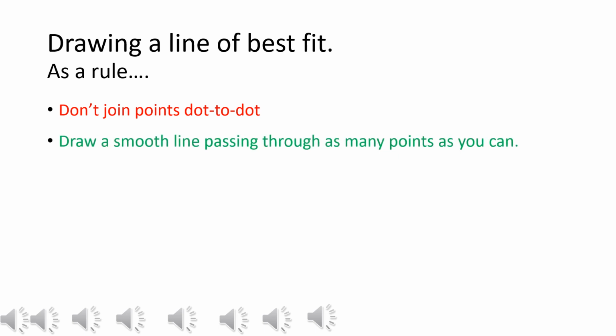Draw a smooth line that passes through as many points as possible instead. The line may not go through all the points, but that's okay. If any of the points are anomalous, just put a ring round them and ignore them.